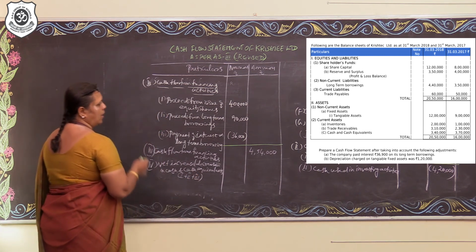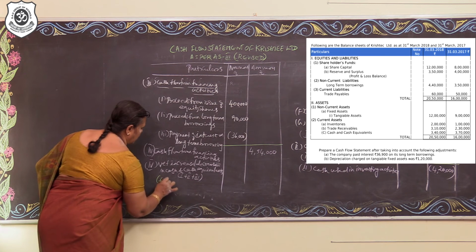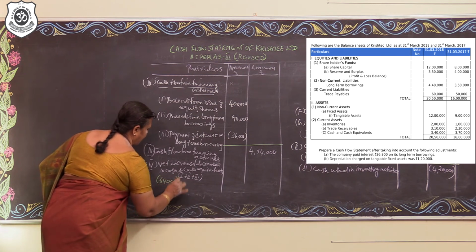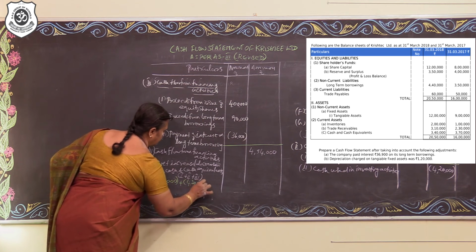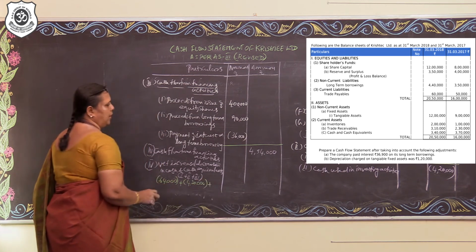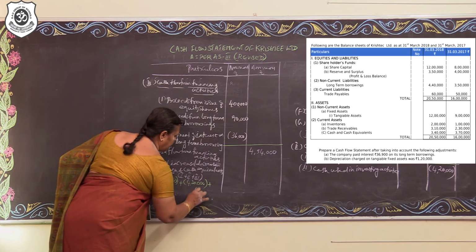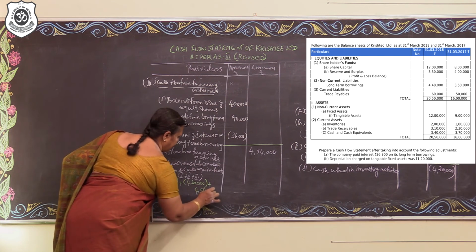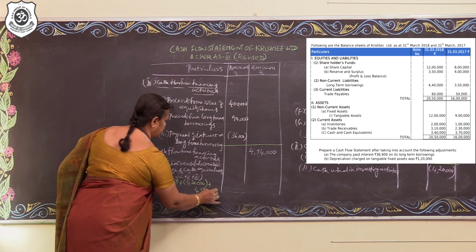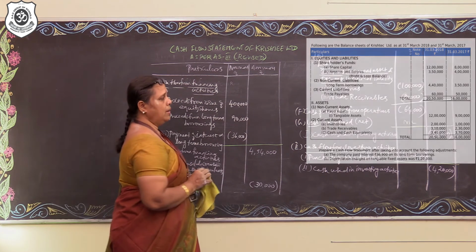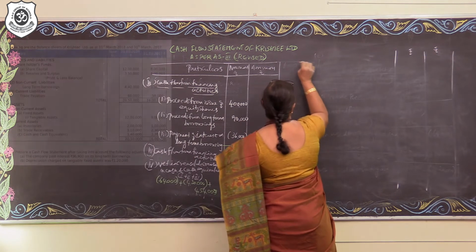So you have unfavorable 64,000 plus unfavorable 4,20,000 plus favorable 4,54,000. So you get an unfavorable 30,000.